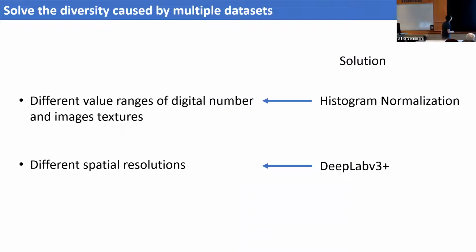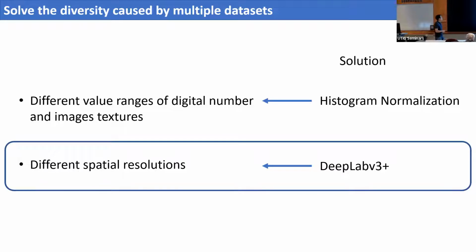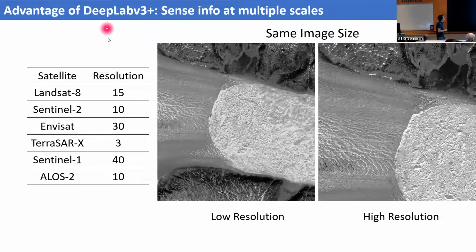And the next thing is how to solve the different spatial resolution. We use a more advanced deep learning network, and it has one advantage: it can sense information at multiple scales. If the image size is the same but the resolution differs, the low resolution image can cover the whole glacier, while the high resolution image only covers a part of the glacier.